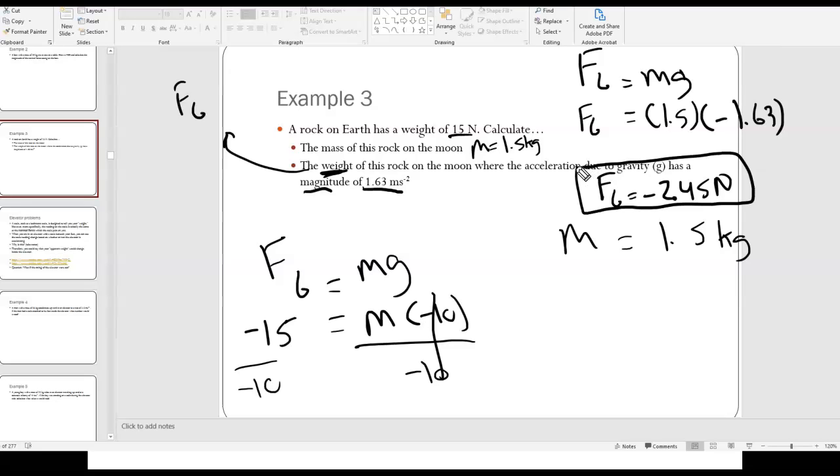Compare that to the 15 newtons it weighs on Earth, and you'll see it's actually quite a bit lighter on the moon, just because the acceleration due to gravity on the moon is so much less.